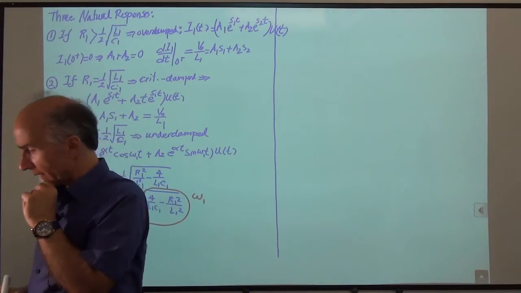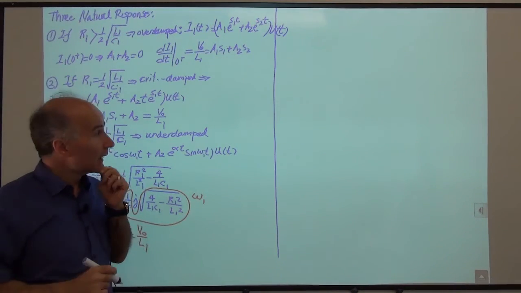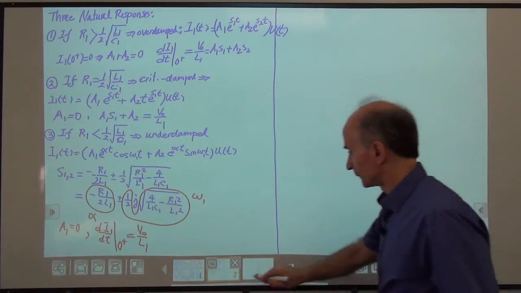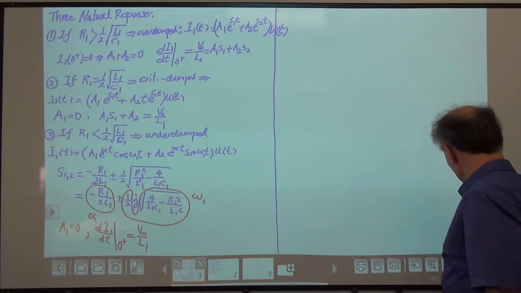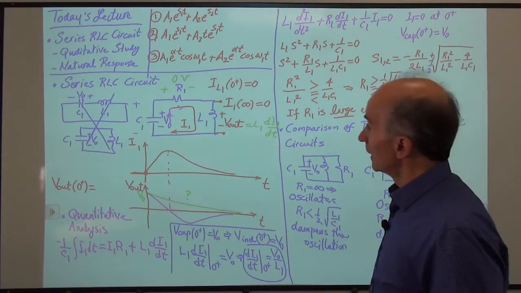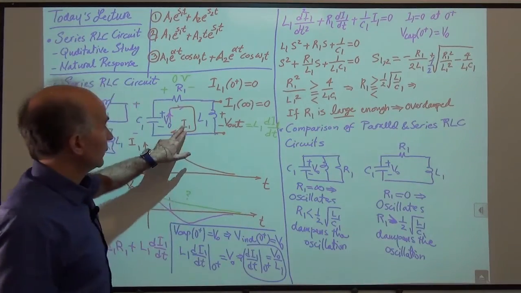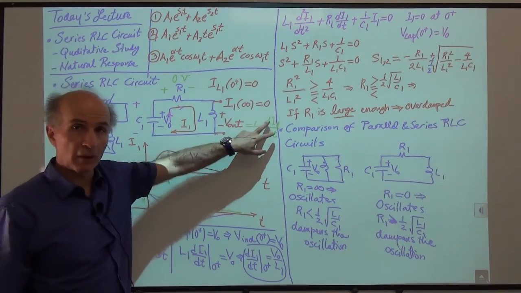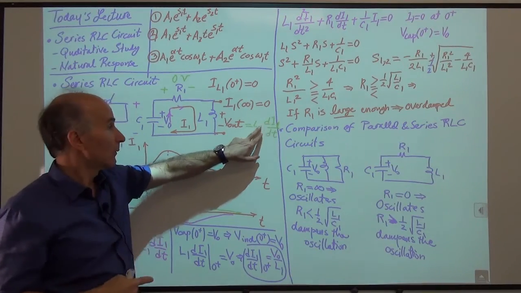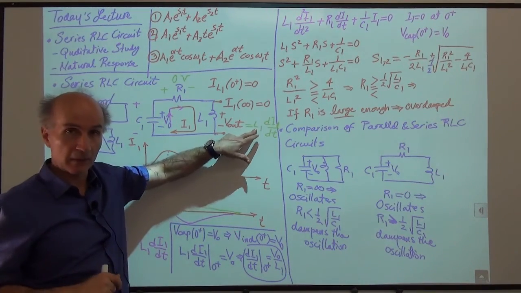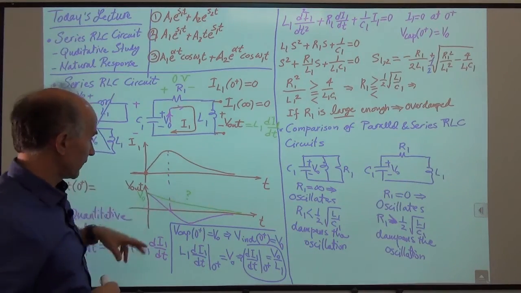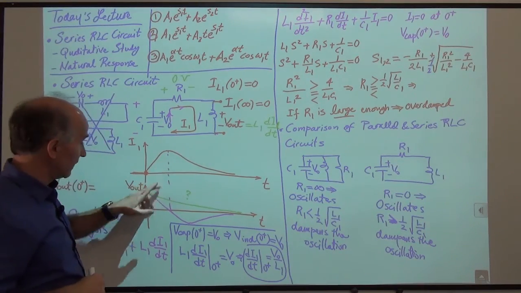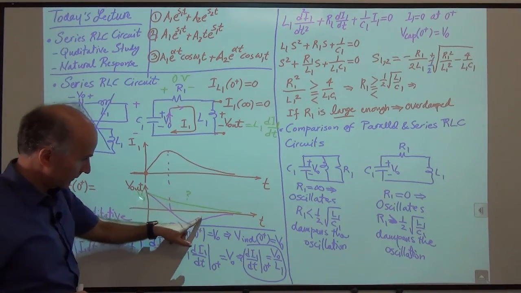Now, there are some other interesting things that we can ask. In particular, if I go back to the previous slide here, I have found I1. Can I find V out? Sure, it's just the derivative of those three expressions that we have multiplied by L1. So that's not that hard, right? We can always do that. And of course, our intuition said that, for example, for the overdamped case, V out should have a dip below 0, right?